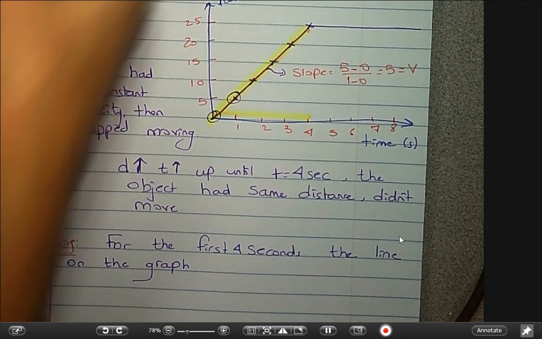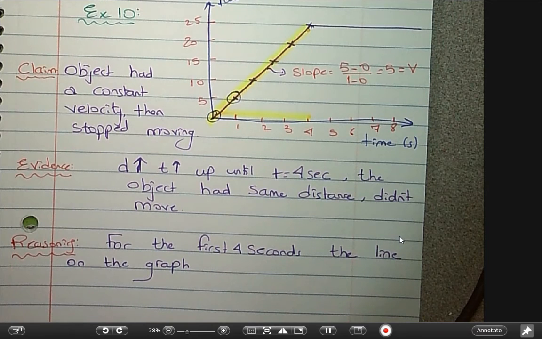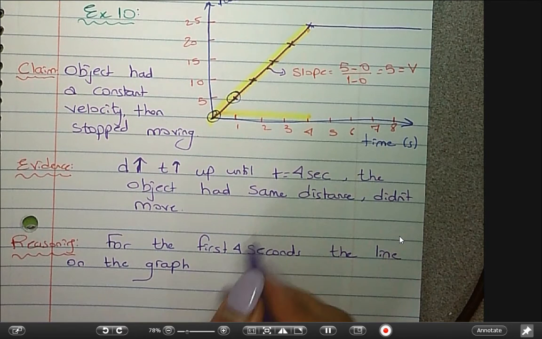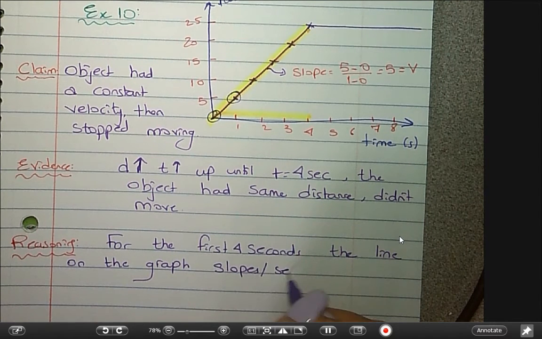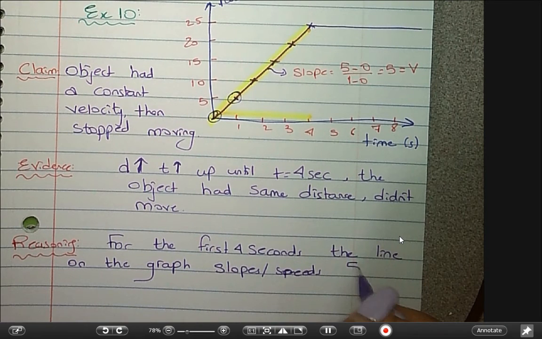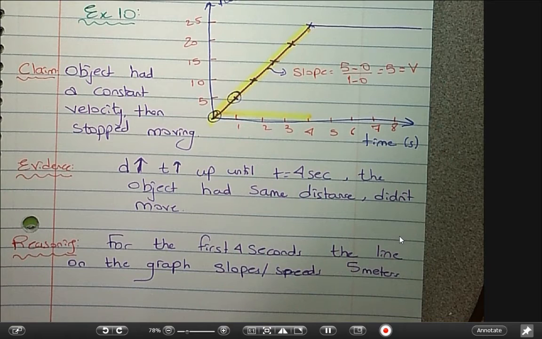For the first 4 seconds, the line on the graph slopes up at 5 meters per second, right? And then this would be your velocity.